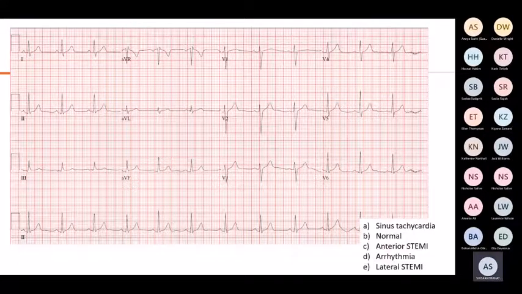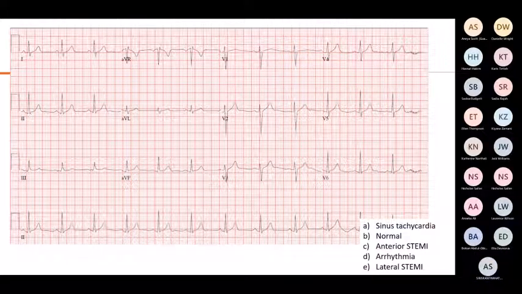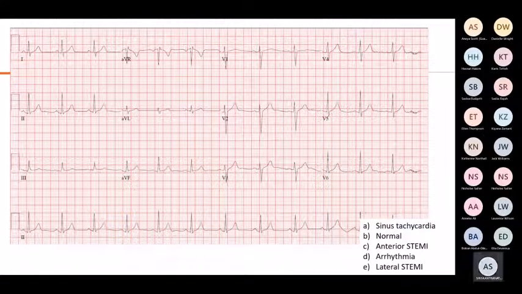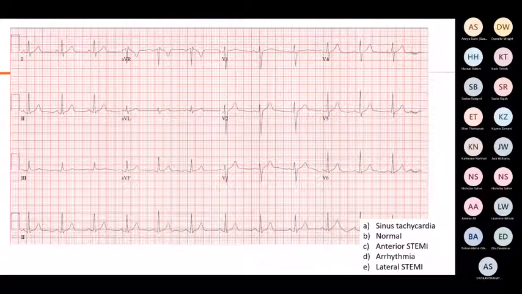Got another ECG for you here. Just going to give people a bit longer.